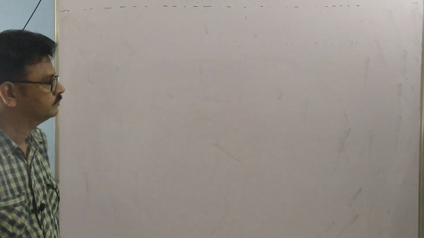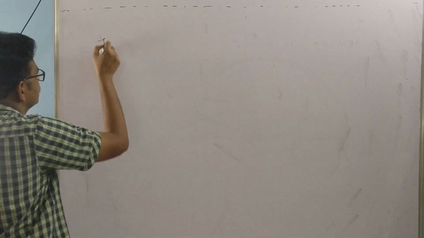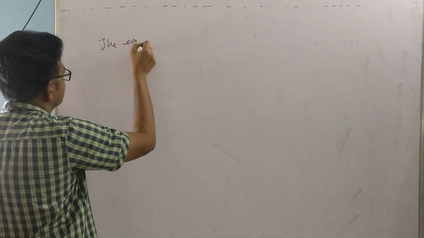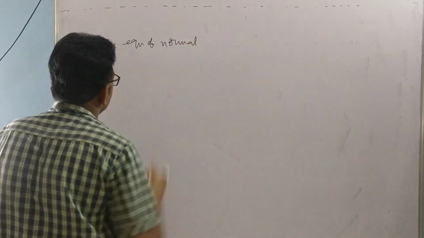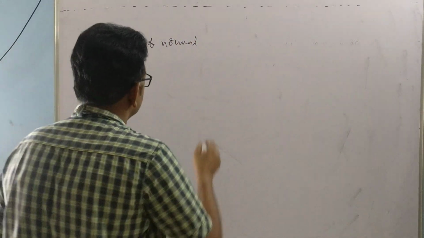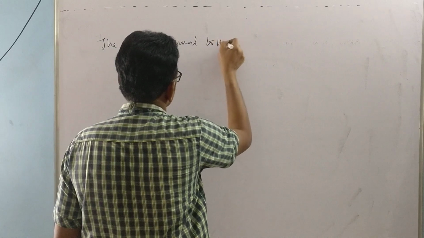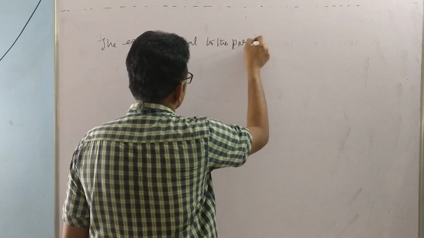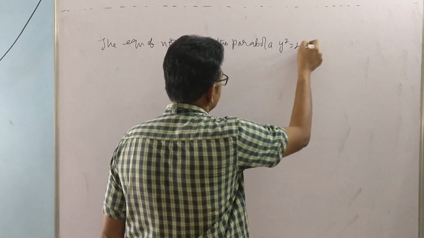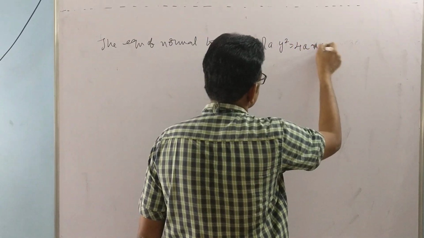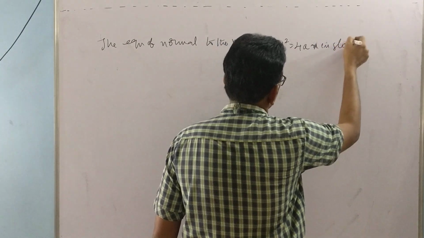Next one, the equation of normal to the parabola y square is equal to 4ax in slope form.